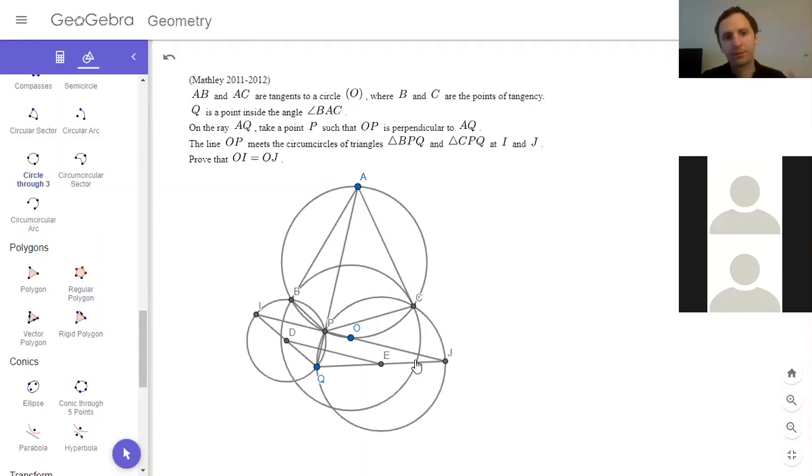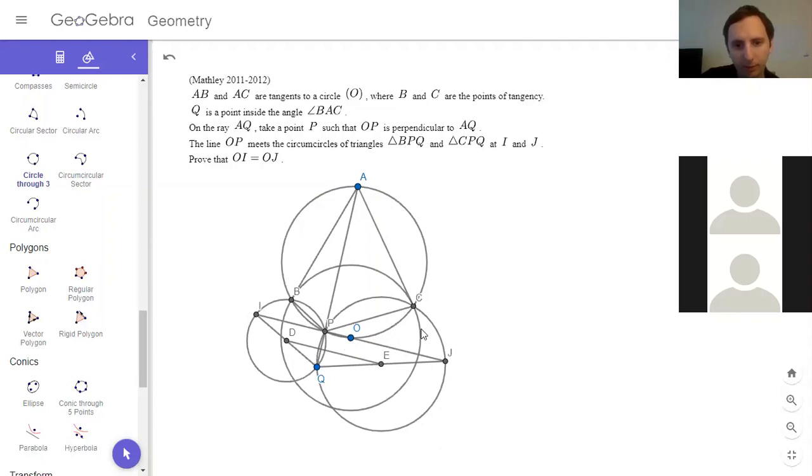We want to use that, this is cyclic. So the power of I with respect to that circle is IP times IO.